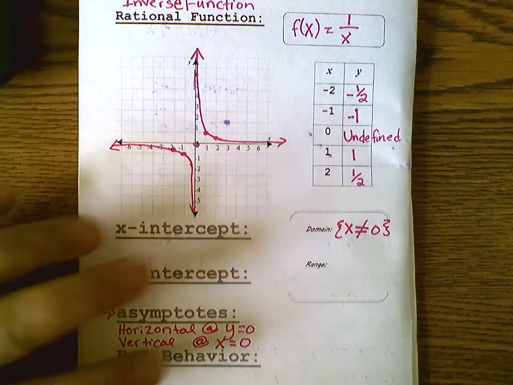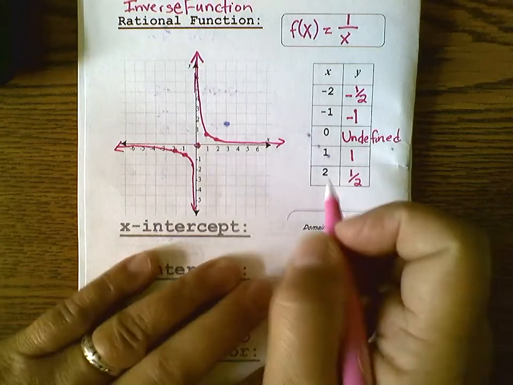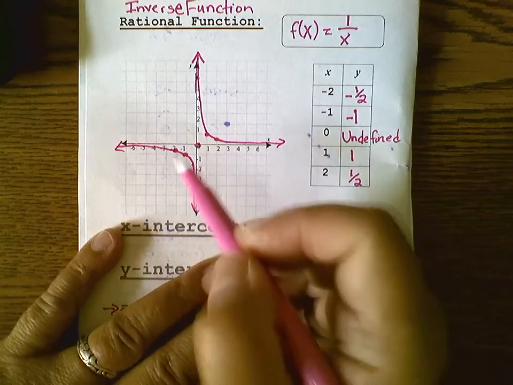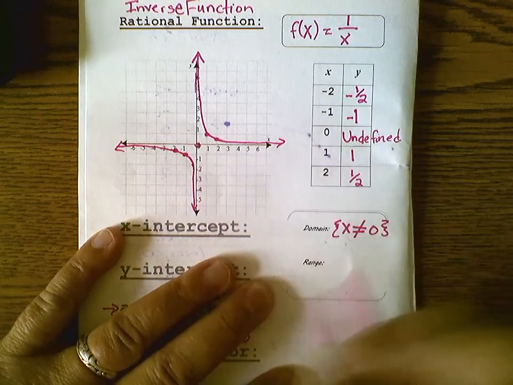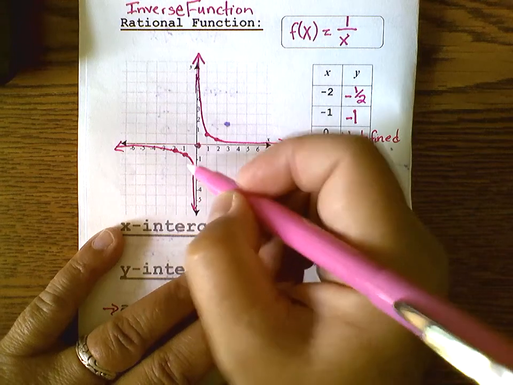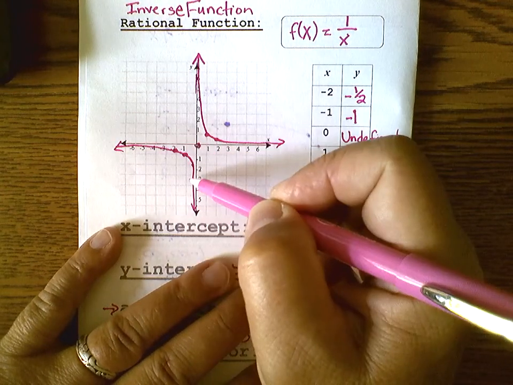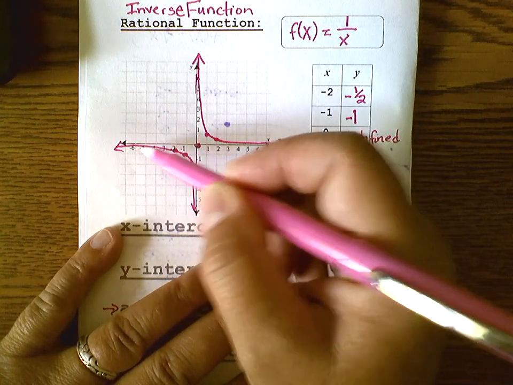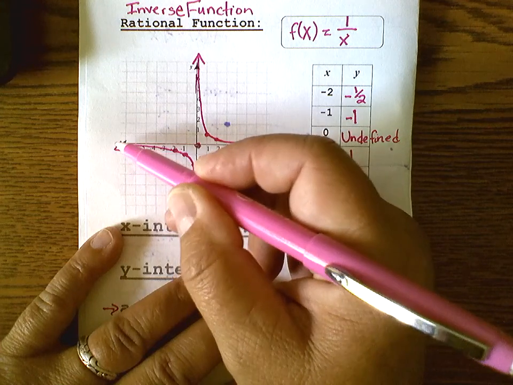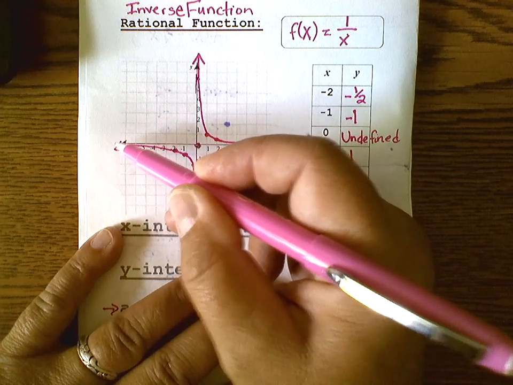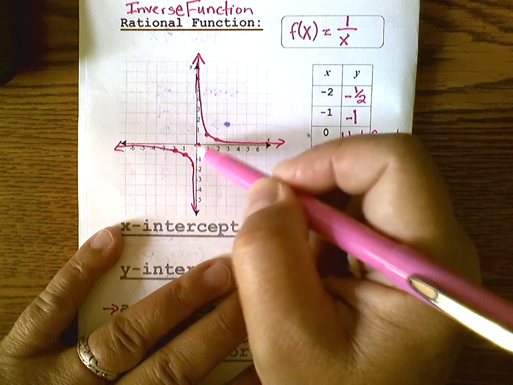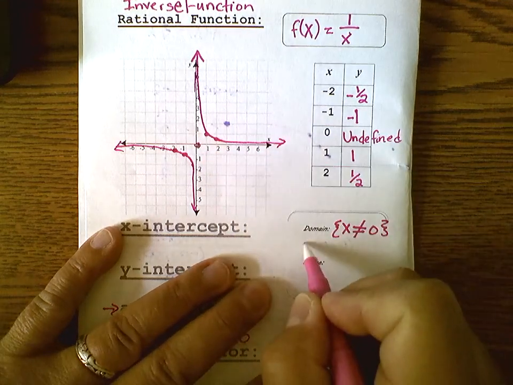To write the domain in interval notation, what we have to notice is that we have two pieces. So we're going to have two intervals that we're going to have to write. So this part of the graph goes to the left forever to negative infinity, but to the right, it stops at 0.